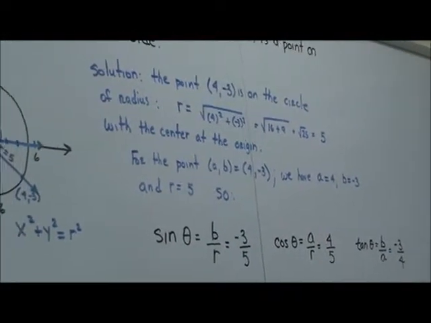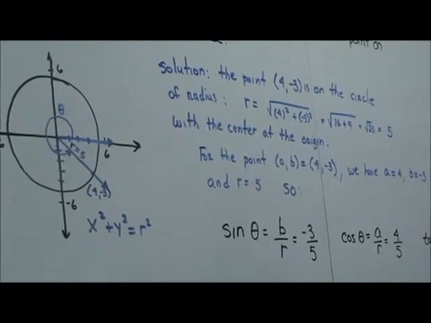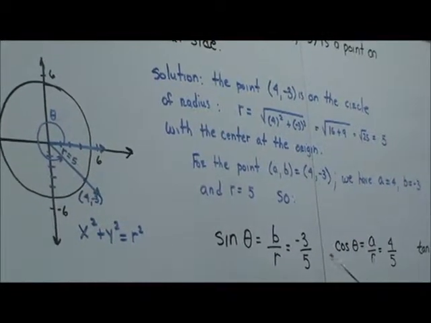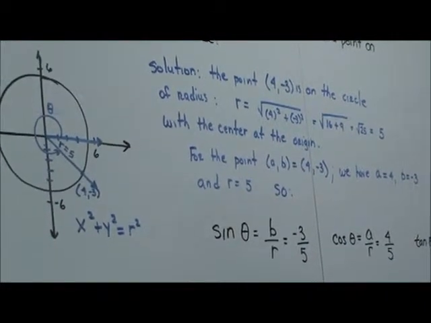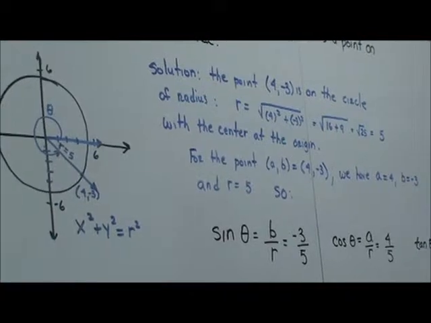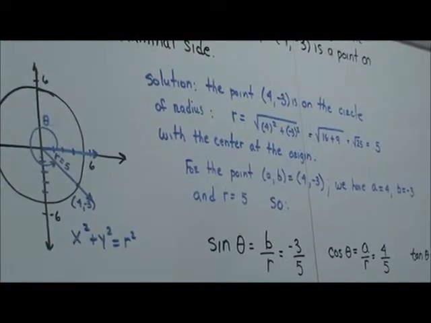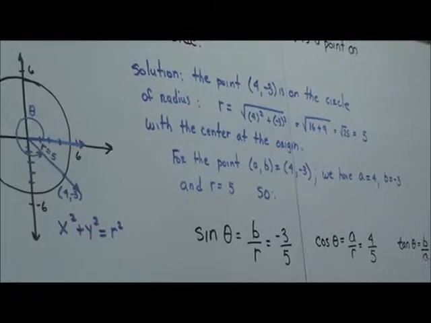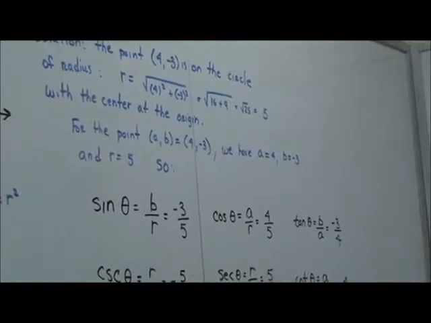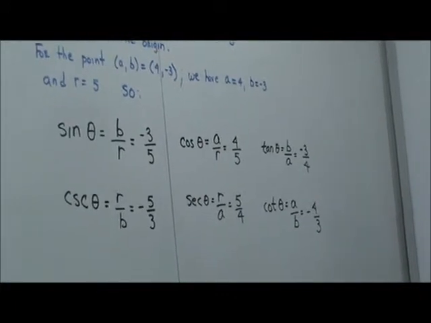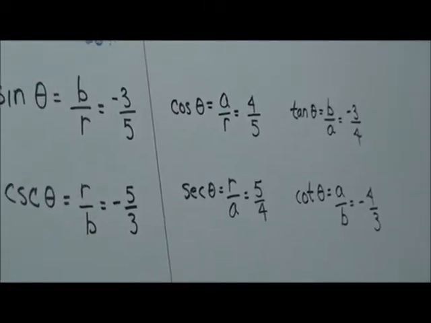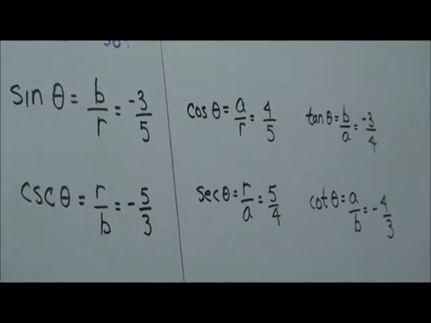So you set these up into the trigonometric functions, and here you get your exact values as follows: sine theta is -3/5, cosine theta is 4/5, tangent theta is -3/4, cosecant theta is -5/3, secant theta is 5/4, and cotangent theta is -4/3. This is how you find the exact value of each of the 6 trigonometric functions of an angle when given a point on the terminal side.